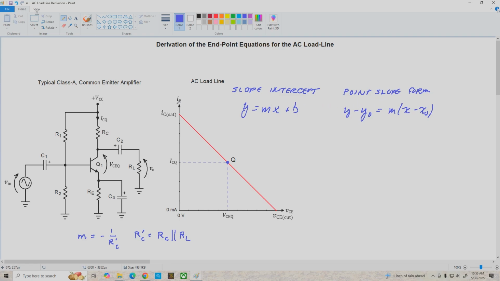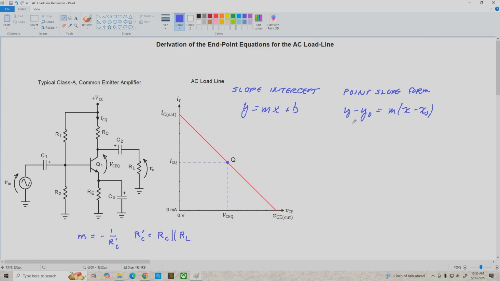Of course, y is the dependent variable, so I sub c equals y. Y sub 0, or y naught, is the y coordinate of the point we know, which is the Q point, so y naught is ICQ. M, of course, is the slope we've got here. X is our independent variable VCE, and x naught is VCEQ. It's the second coordinate of this known point.